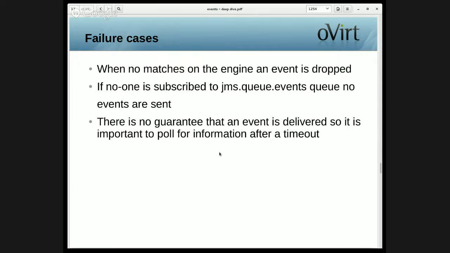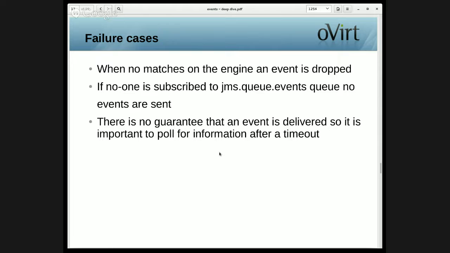And as a last point, we have no guarantees that the event will be delivered. So there can be network interaction. Once we call client.if.notify, the event is still stored in memory. If VDSM crashes, then there is no delivery. If the engine crashes on the other side, on the other hand, there is no delivery.